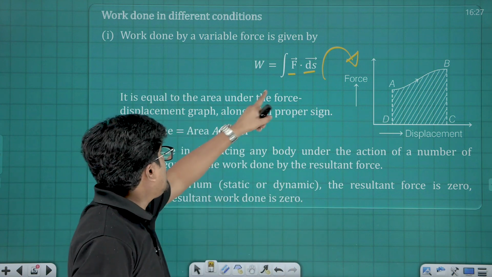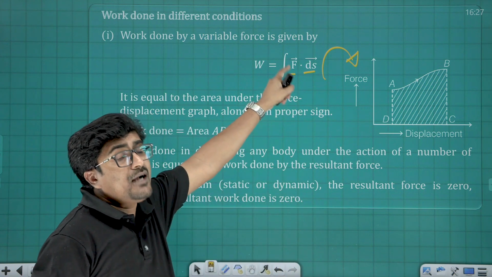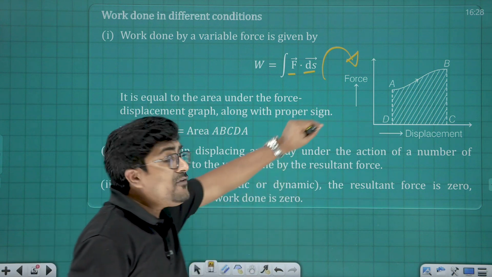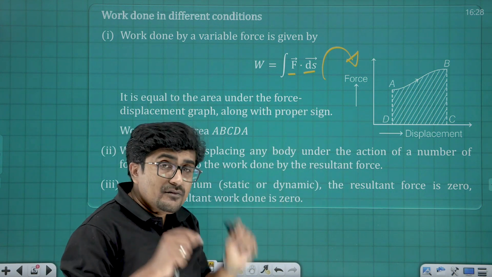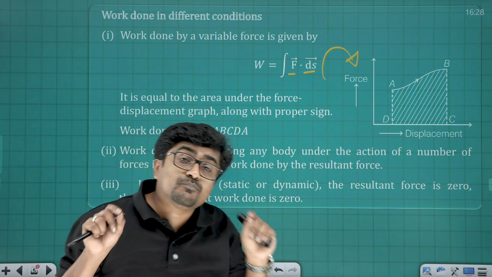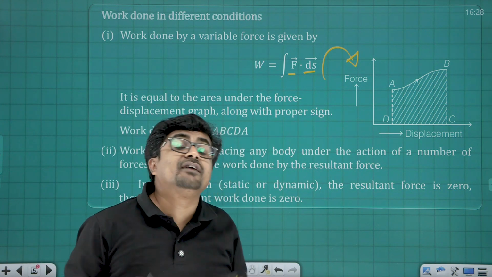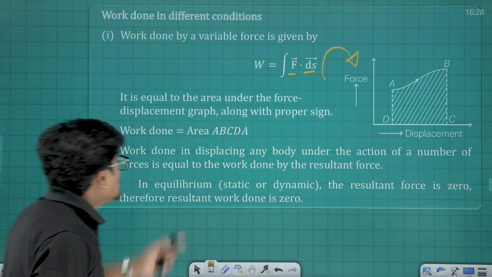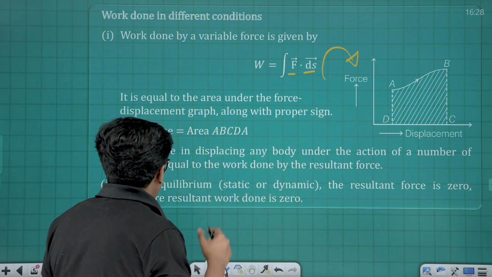Integral of F dot ds is the total work done. So if an Fs graph is given, then the area under the graph, I repeat, the area under the graph with proper sign convention will help you in calculating the work done. So that was what this particular slide was telling you.